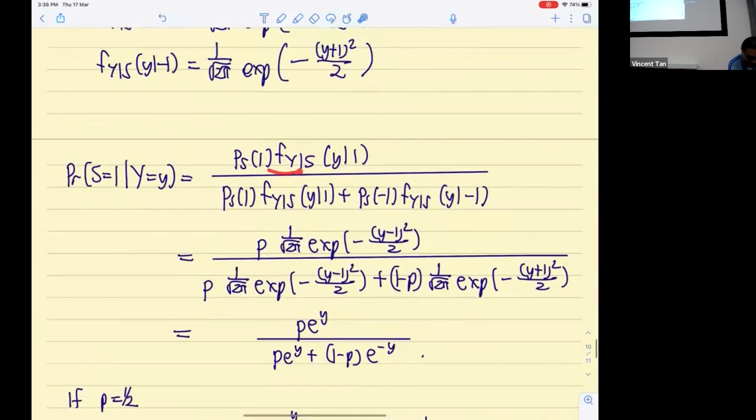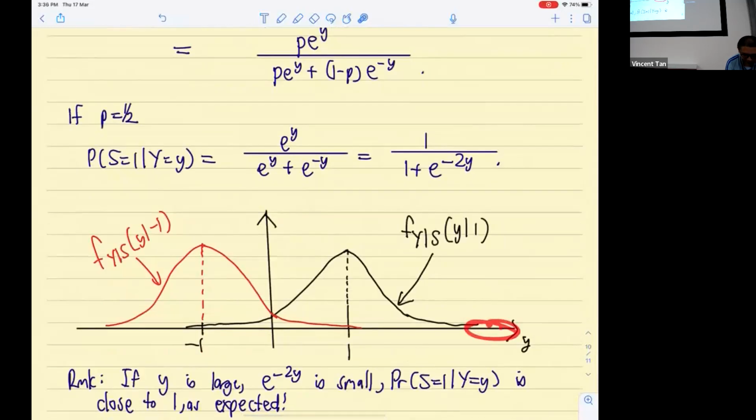We have this conditional probability density function, and we have the prior probability that S is 1 or S is minus 1. We would like the probability that S is 1 given that I observe something. And if I observe y to be far out here, it's very likely that S is 1, and that is corroborated by the formula.